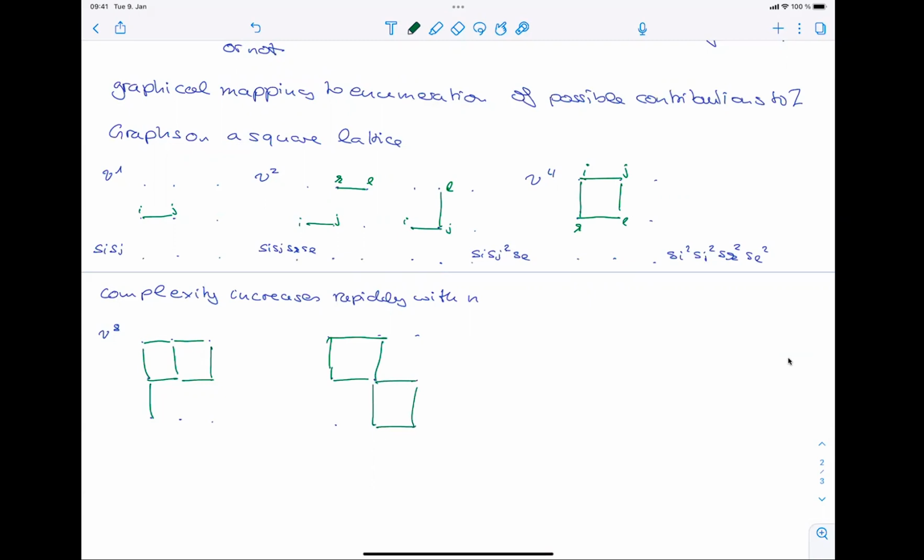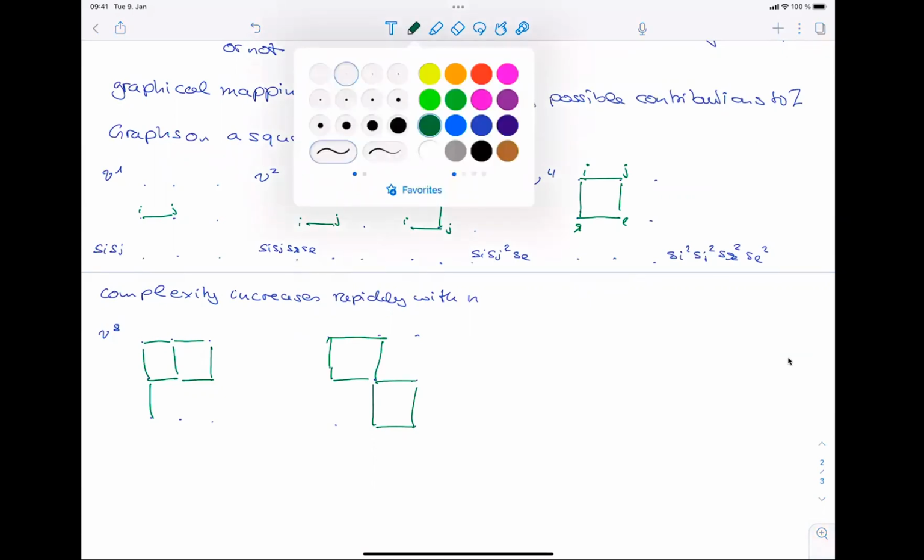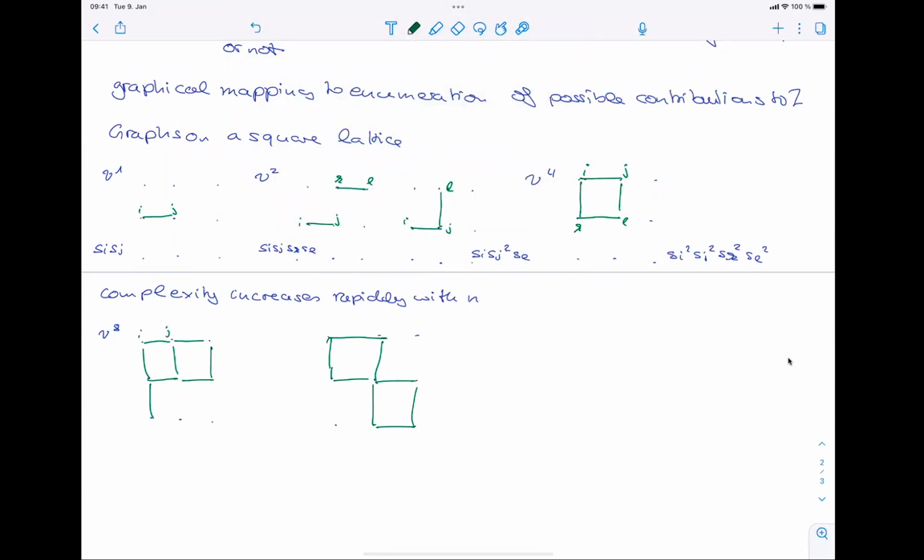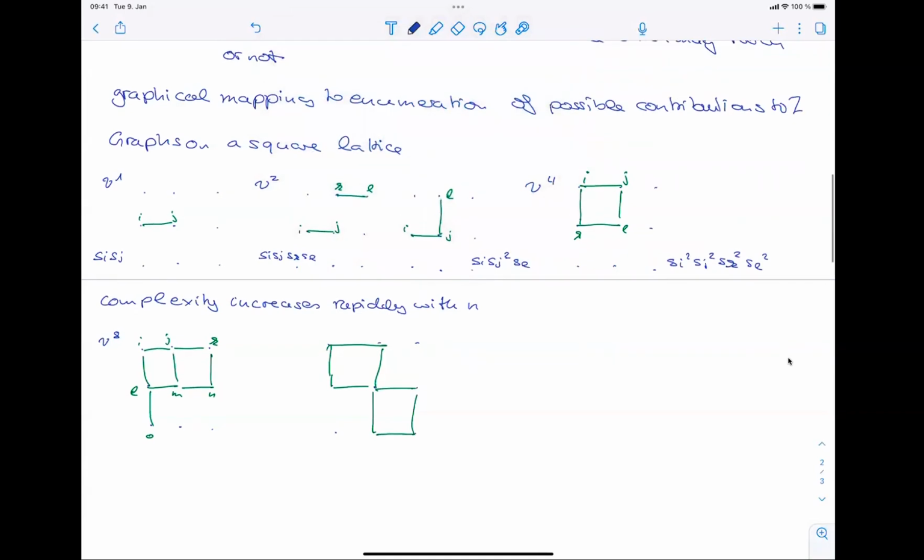The space of arrangements in which I could put down these bonds really increases rapidly. And to just write down i, j, k, l, m, n, o, then the corresponding spin enumeration would be si squared, sj squared, sk squared, sl to the power 3, sm to the power, oh, sorry, j was also 3. There we go. sm, sn squared, so to the power 1.